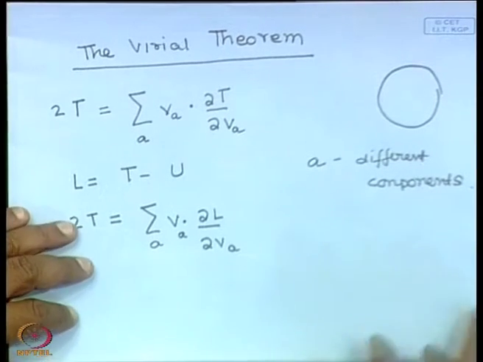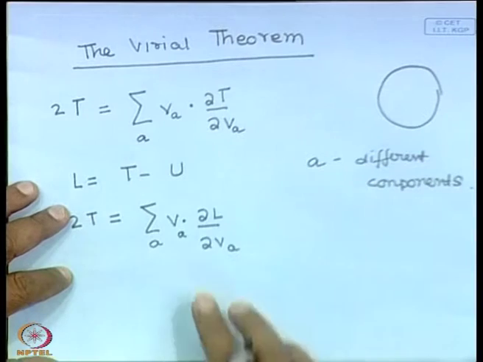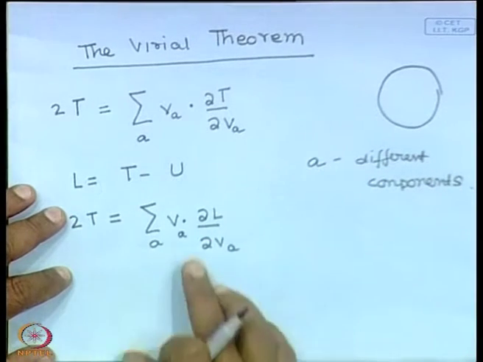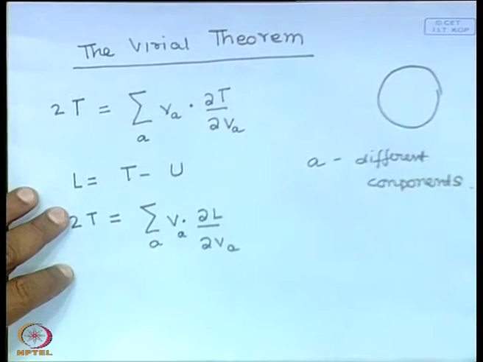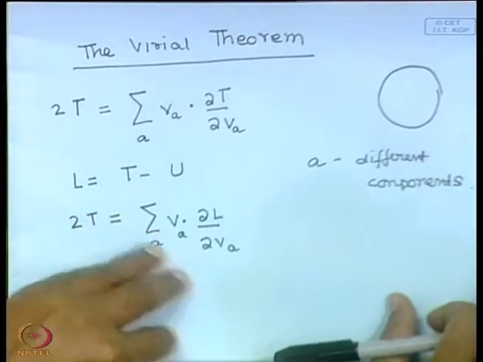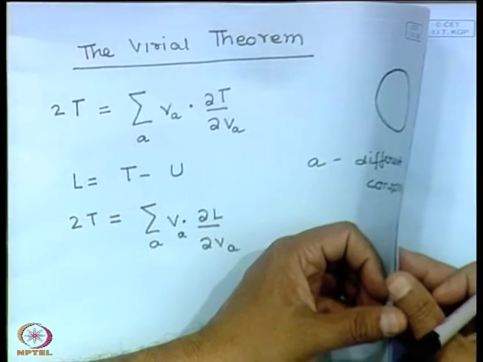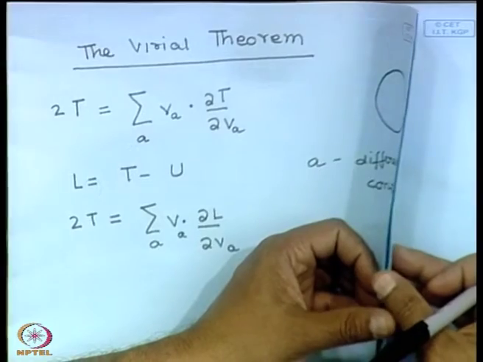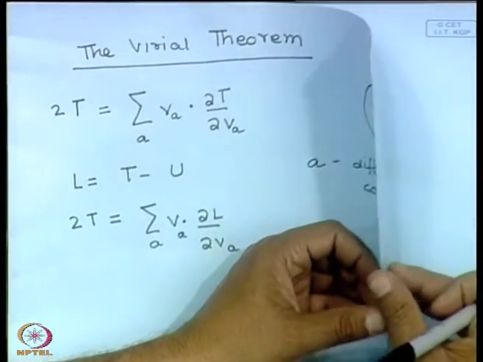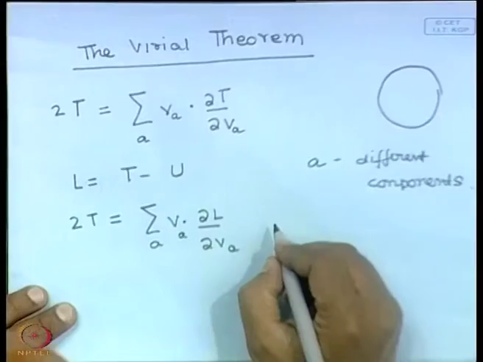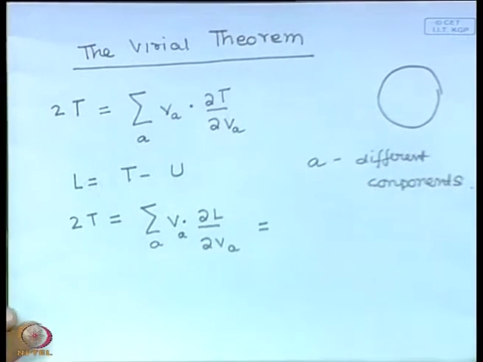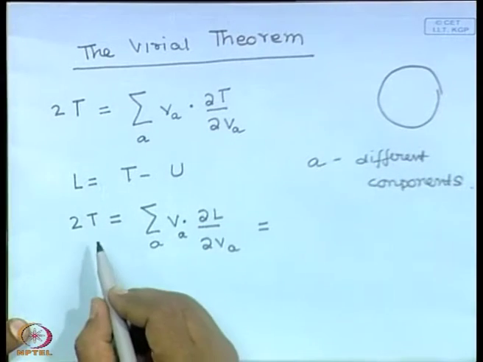Now, we also know that del L by del v is the momentum, that is the definition of the momentum, the momentum conjugate to the coordinate.